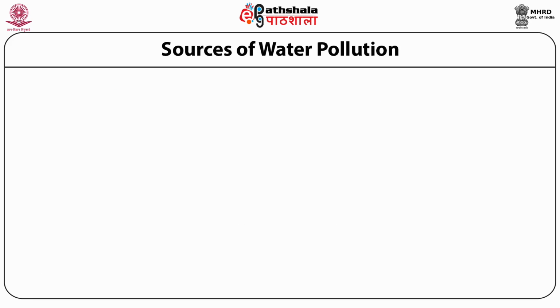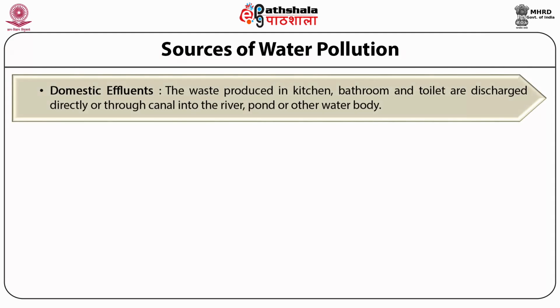Sources of water pollution. The pollution caused by various human activities can be broadly grouped into four categories. First is domestic effluents. The waste produced in the kitchen, bathroom and toilets is discharged directly or through canals into a river, pond or other water body.